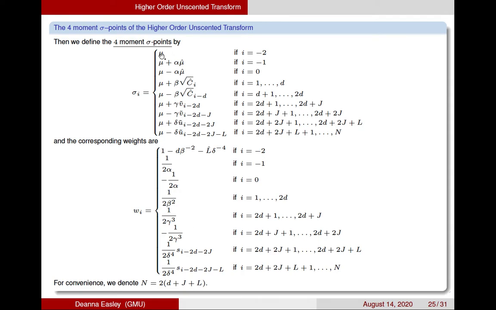Here, the first 3 sigma points correspond to the mean. The next 2d sigma points correspond to the covariance. The next 2j sigma points correspond to the skewness, and the remaining sigma points correspond to the kurtosis.